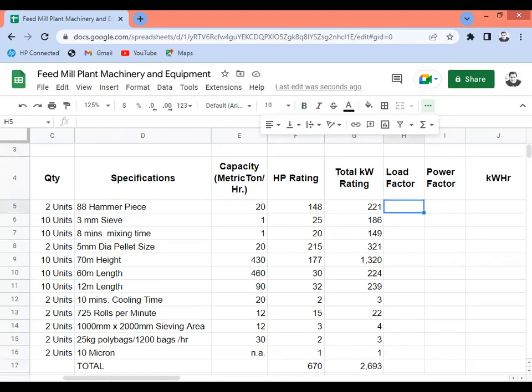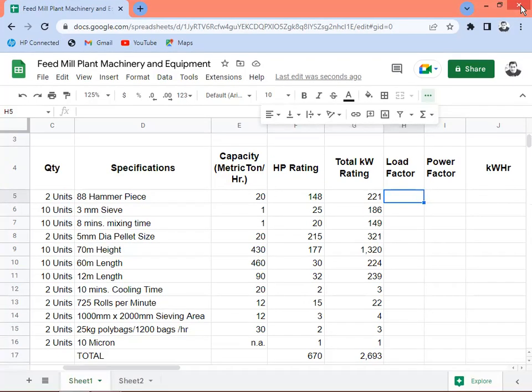Then, in my calculations, we're going to get an effective kilowatt hour, so we have to include the load factor and the power factor. What is the load factor? Load factor is an expression of how much energy was used in a time period, like 8 hours or 24 hours, versus how much energy would have been used if the power had been left on during a period of peak demand.